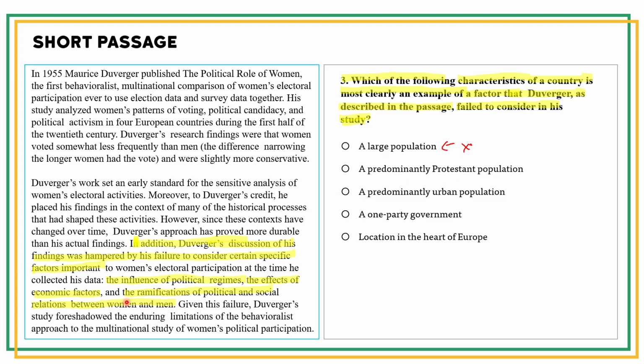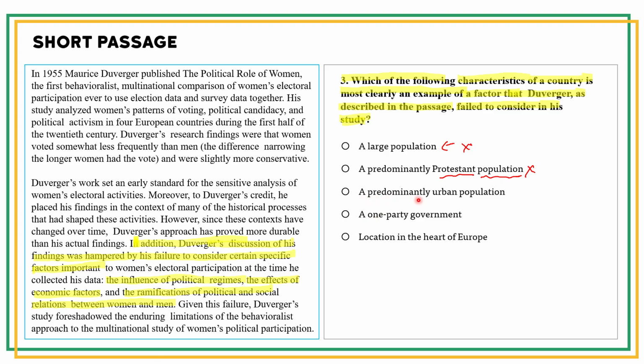And is it the same as the failure to consider the ramifications of political and social relations between women and men? It could be, but then again, we'll have to assume that it is, because this being Protestant affects the relations between women and men in some way, and then you'll make up a story and forcefully make it relevant to the factors which Duverger could not consider in his study.